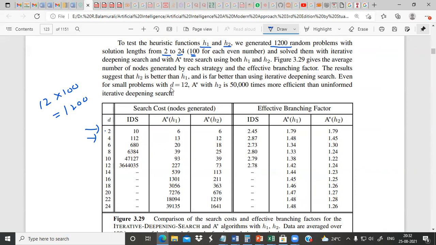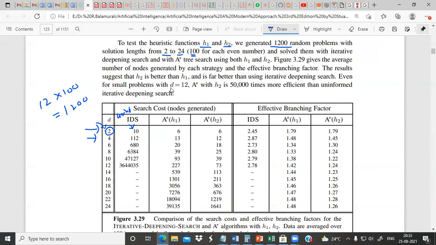When those 100 problems were solved using IDS, this is an uninformed search technique, uninformed iterative deepening depth first search, the solution, to reach the solution, it has generated 10 nodes on average. Because at depth 2 we have how many problems? 100 problems.